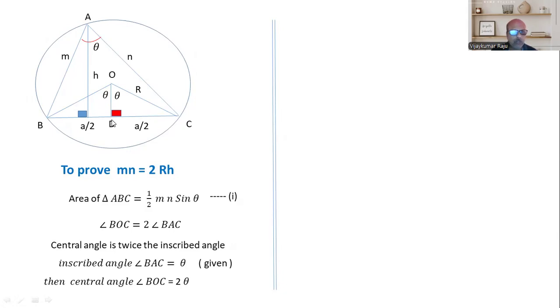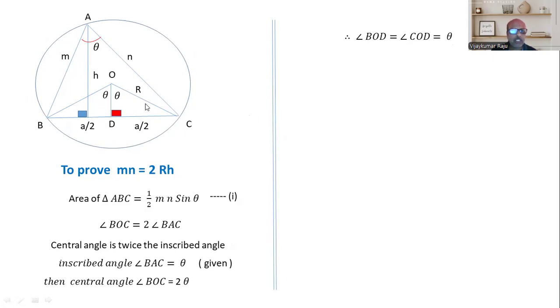Or you can use the other property: a line drawn from the center of the circle perpendicular to the chord bisects the chord. So both are equal to A by 2. That means angle BOD is equal to angle COD, both equal to theta.